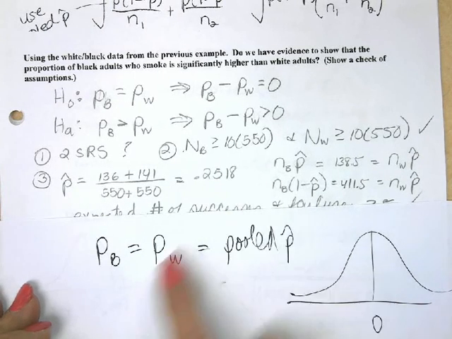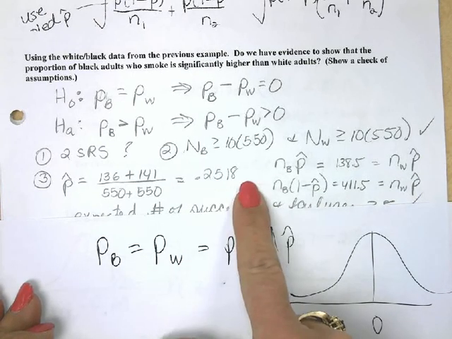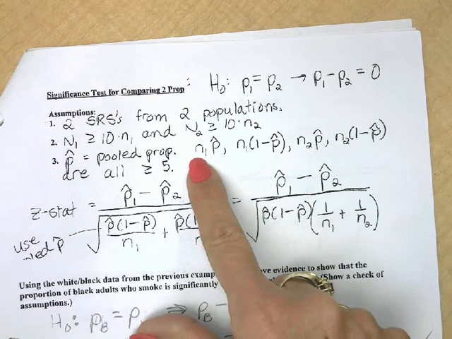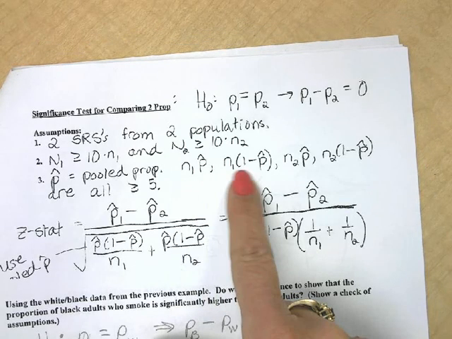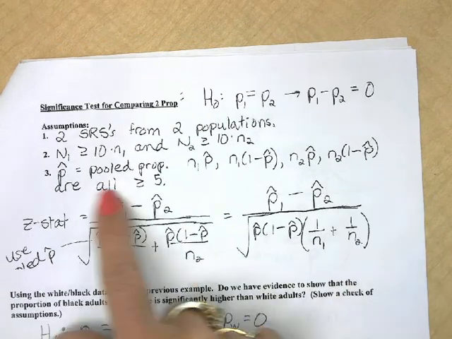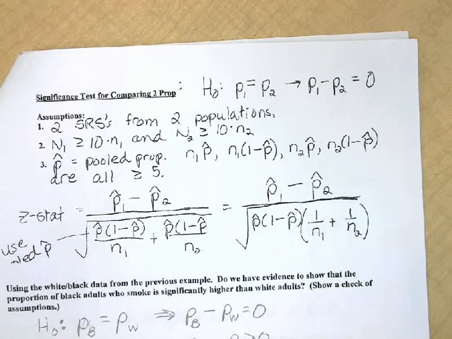So we're going to assume that these two are equal, and we're going to assume that they're both equal to 25.18%. So now, going back up, we want to find how many we expect to get that are successes, failures, successes, failures. And we want all of these to be at least 5, but I don't use the proportions, I use my sample size.